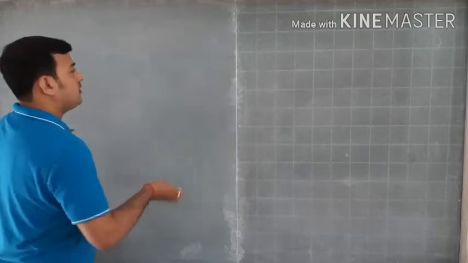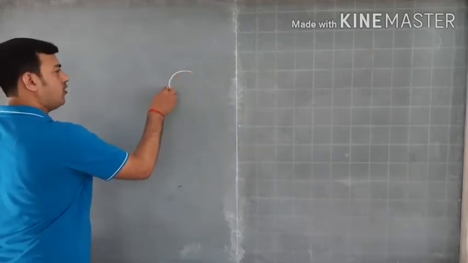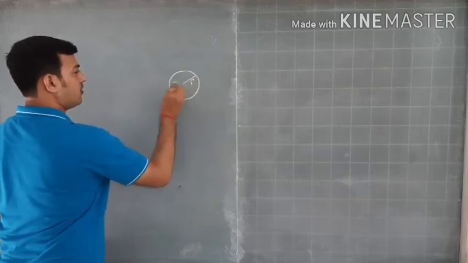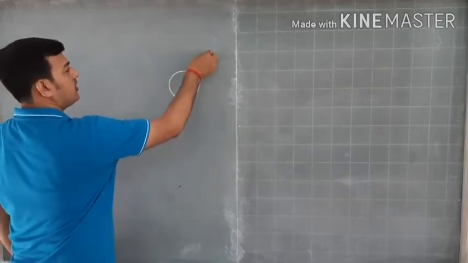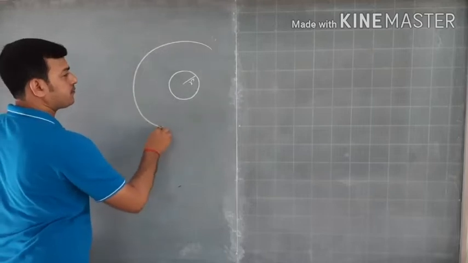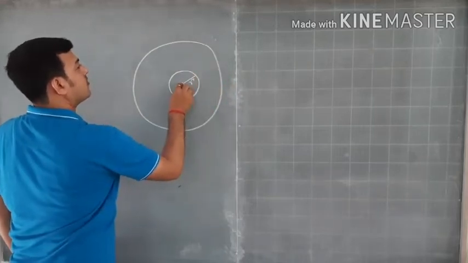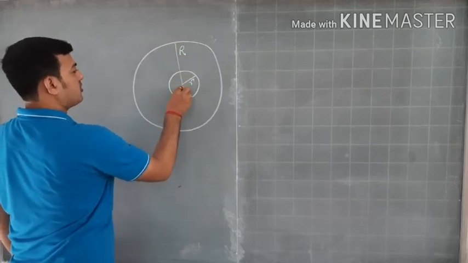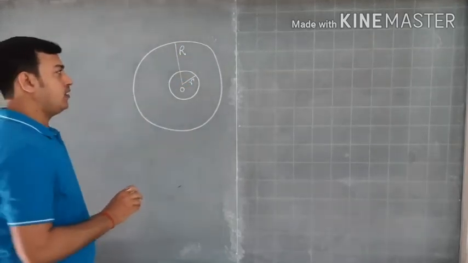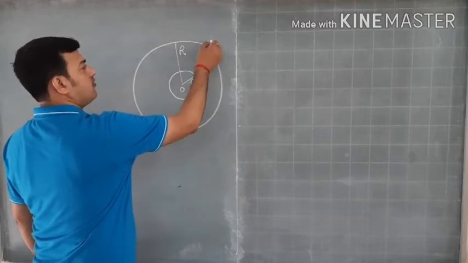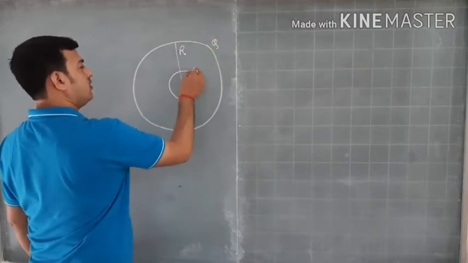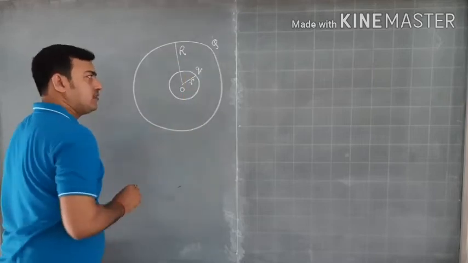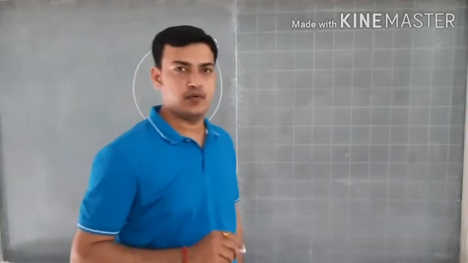If you take a small hollow sphere here, the radius of the hollow sphere is r, and we have a second hollow sphere of radius R, and these two are concentric. Now suppose the outer sphere contains a charge Q and this inner conducting sphere takes a charge q.